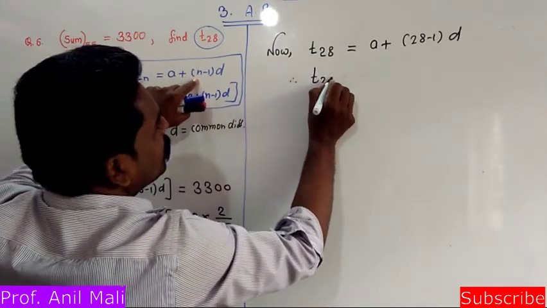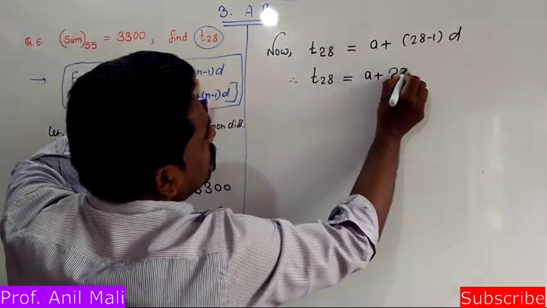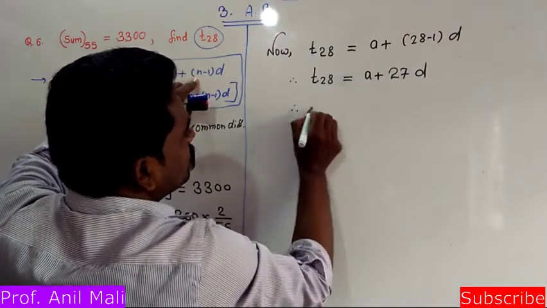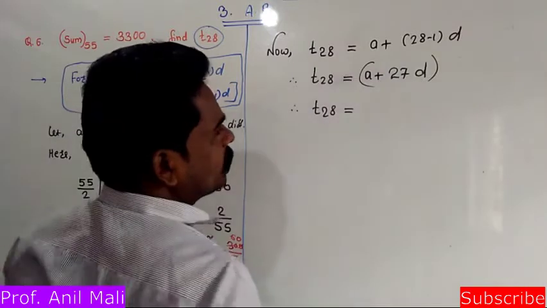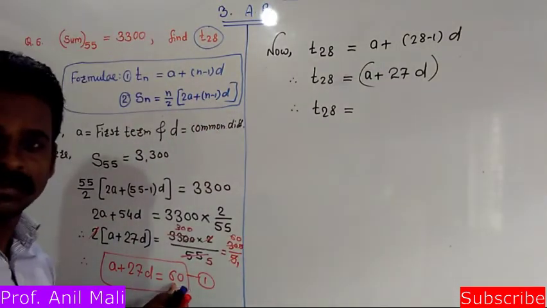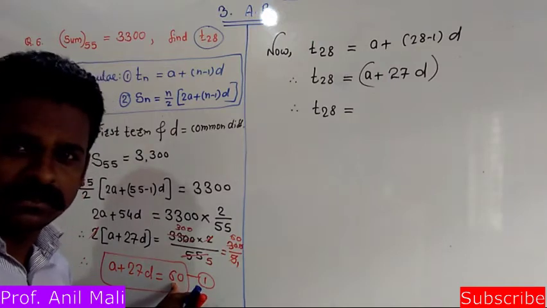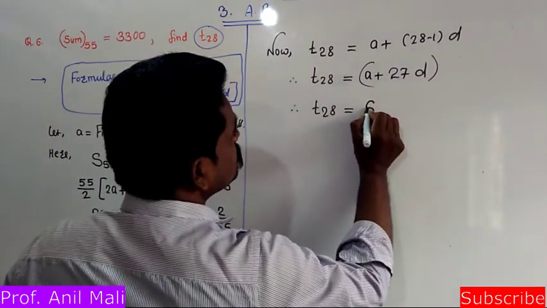Therefore, T28 is equal to A plus, it's only 27D. A plus 27D is here in equation number 1, 60. So we can just substitute there. T28 is equal to 60.